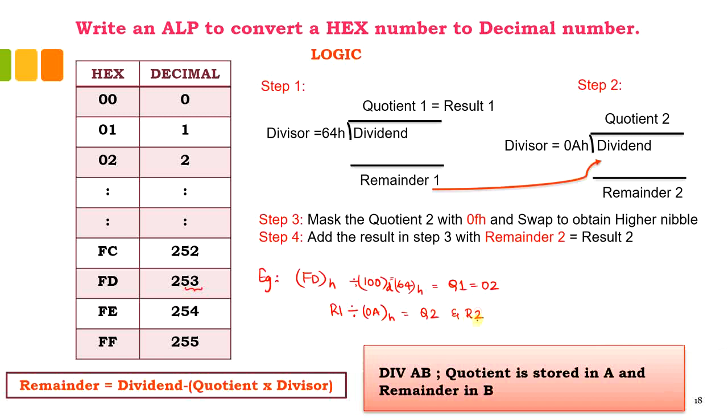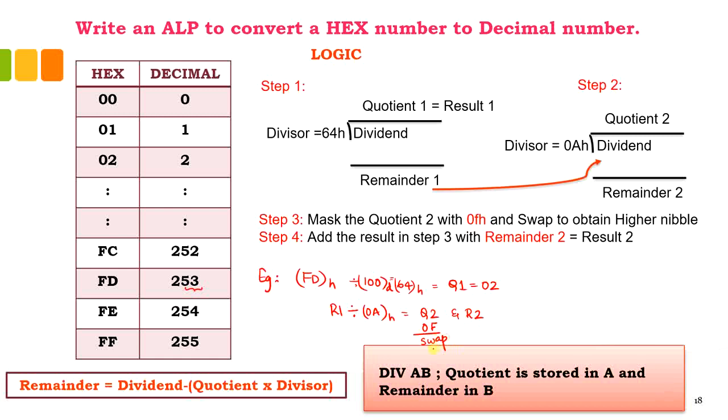Now you will be getting quotient 2 and remainder 2. On performing the second division, you obtain quotient 2 and remainder 2. What you need to do is mask the quotient 2 with 0F and then swap.